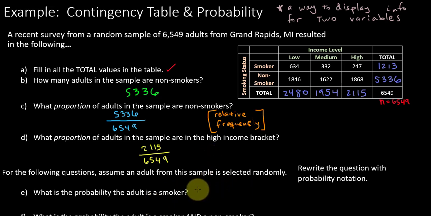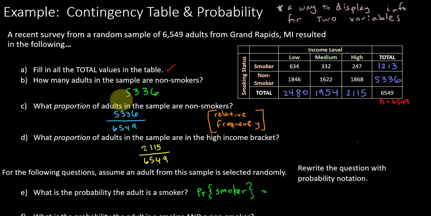With the notation P, curly brackets, smoker. And I'm just going to write out the letters for smoker. I could have probably defined a shorthand event, but this is fine for me. Well, probability can be estimated empirically, where we are using information gathered from a sample via observation.